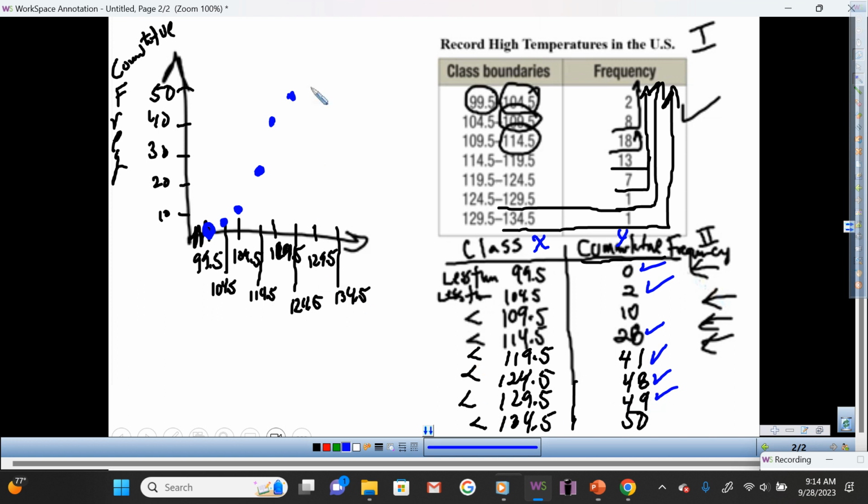Next one, 49. And next one at 50. And that's how you make your ogive chart.